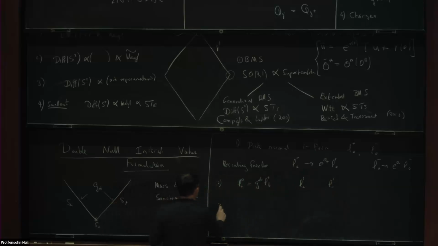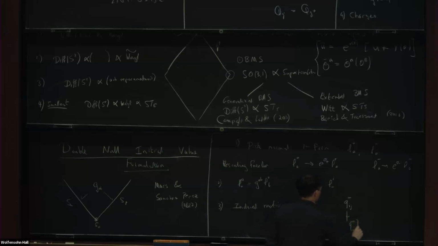I have the induced metrics, Qij on the plus surface and Qij on the minus surface, which are constrained to agree where the surfaces intersect. And then I project from these down to the conformal equivalence class. Instead of looking at the actual induced metric, I throw away some information and just look at the equivalence class of these metrics under conformal transformations.